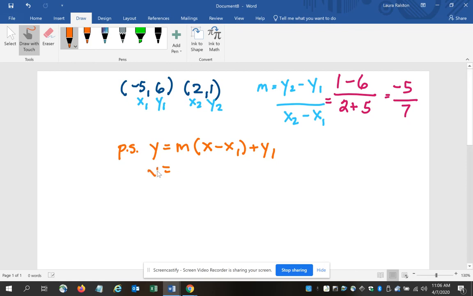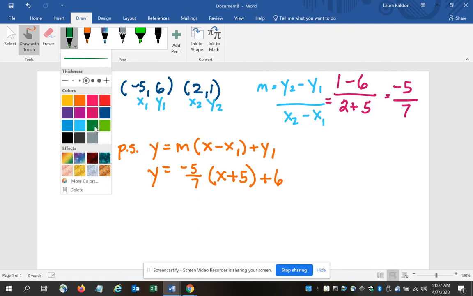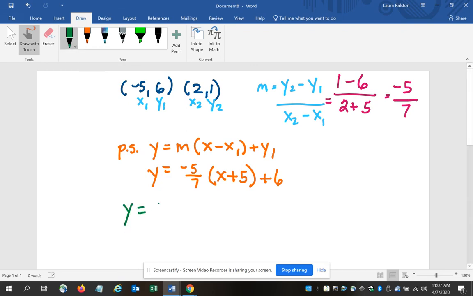So my slope, I have y equals negative 5/7 x minus the minus 5 is plus 5 plus 6. My answers are in slope-intercept form, so I need to distribute and collect like terms. So we have y equals negative 5/7 x, and then negative 5/7 times 5 gives us negative 25 over 7.